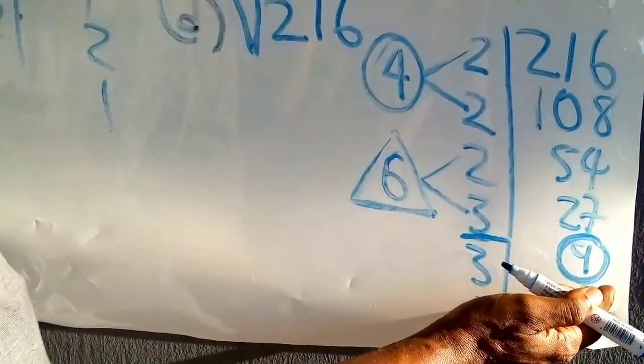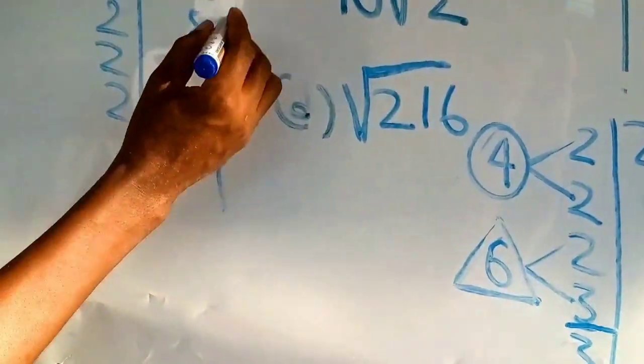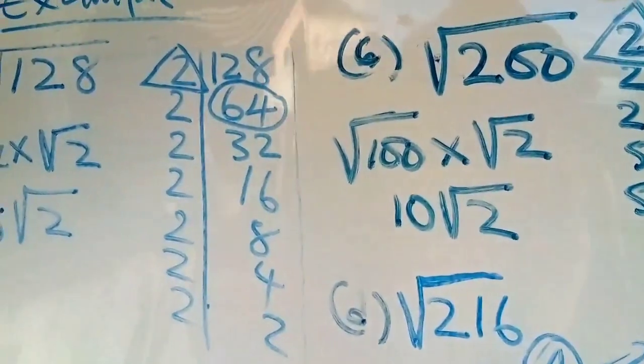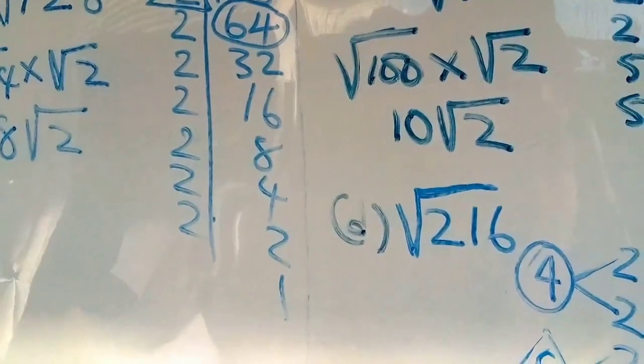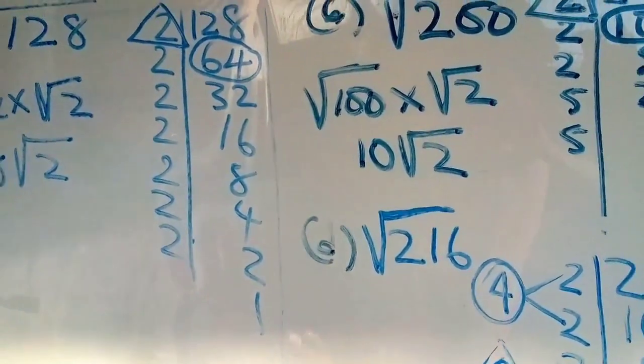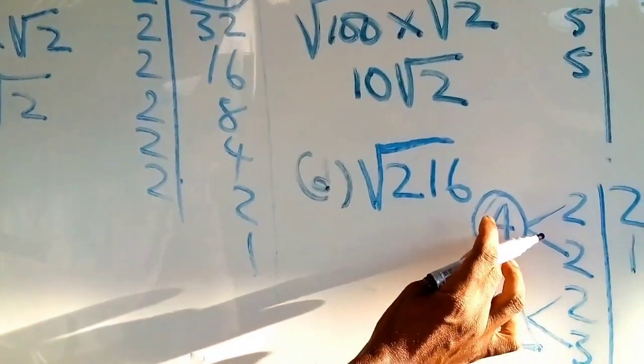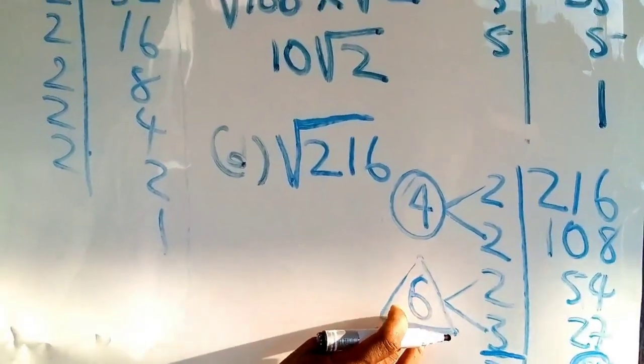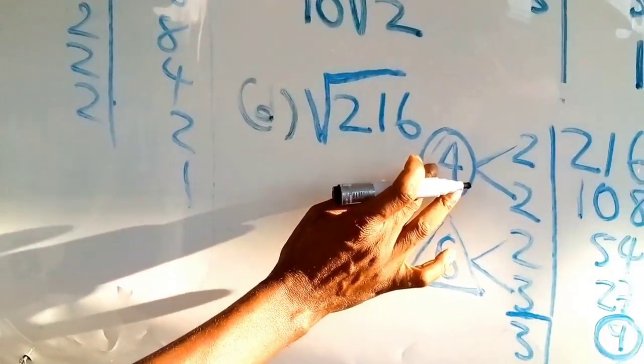So, let me now represent what I've done here, this side. How will I do that? I will start with my perfect squares and end with the root. So I can start with this.